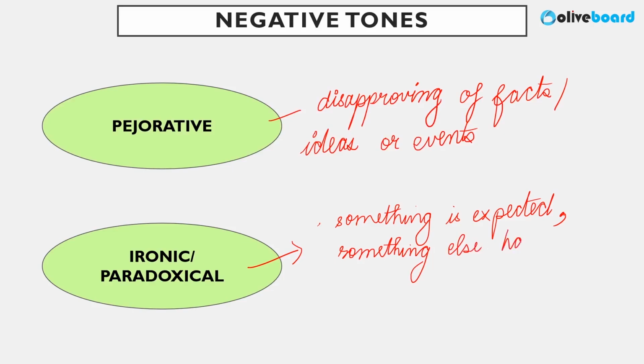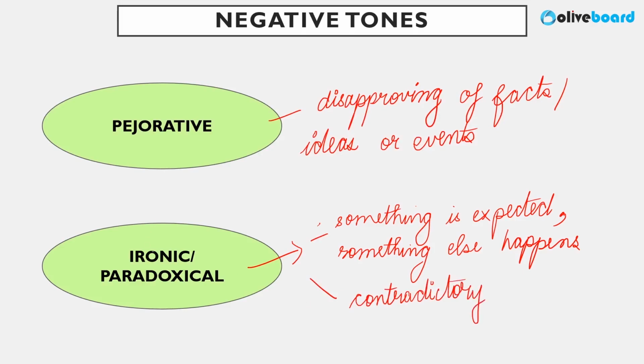So this is irony. You expect something but something else happens. So this is a paradoxical tone. This is irony. Okay? So paradoxical is when the writer is talking about a subject which is contradictory, which is self-contradictory, okay? Which looks strange also. So it is basically, I will just write here contradictory, or you can say just self-contradictory.